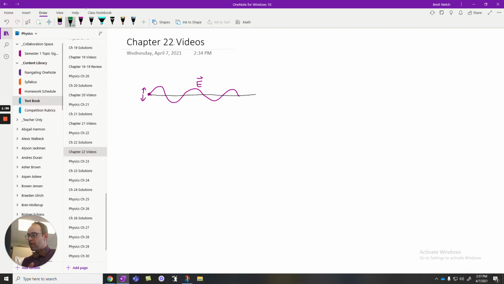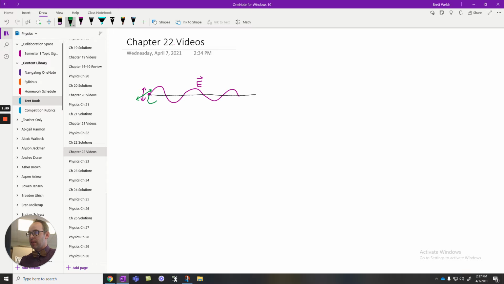Everywhere that the electric field is at its highest point, the magnetic field is at its highest point. They oscillate in phase, but not in line with each other. They're 90 degrees, or perpendicular, to one another. The magnetic field, in green, would be coming in and out of the page.